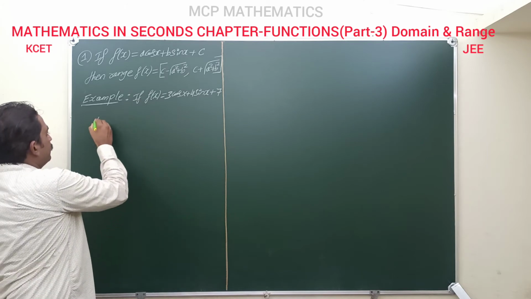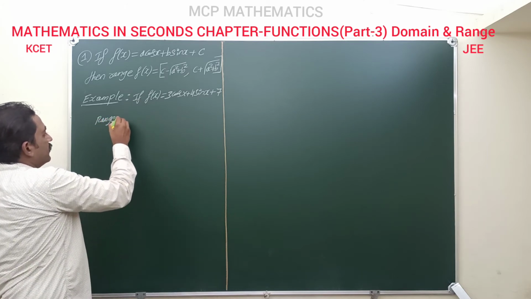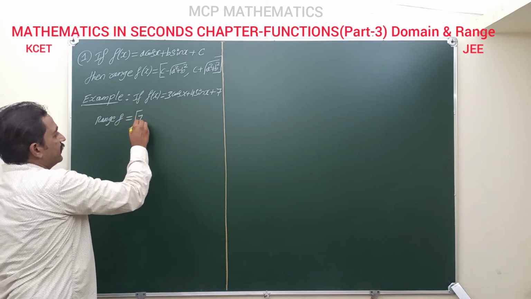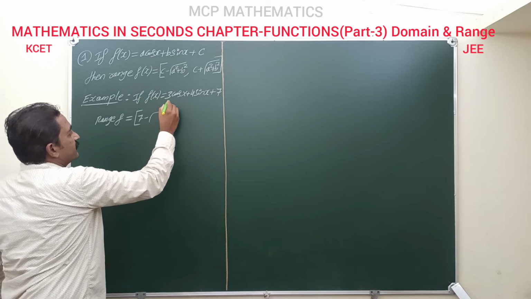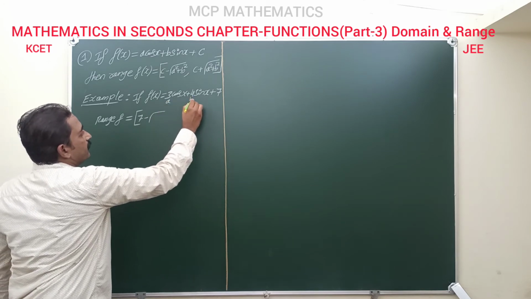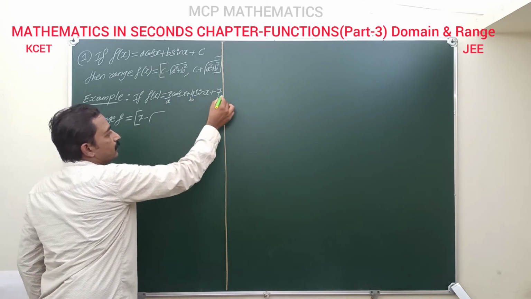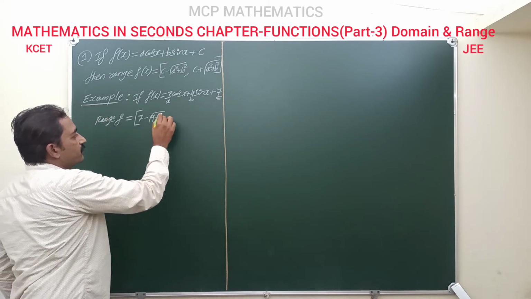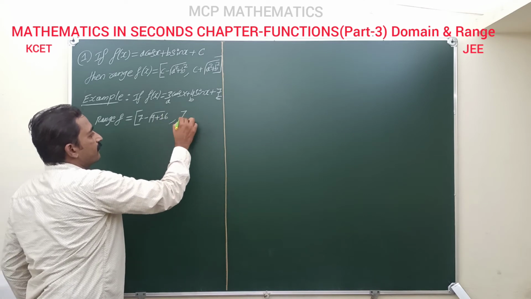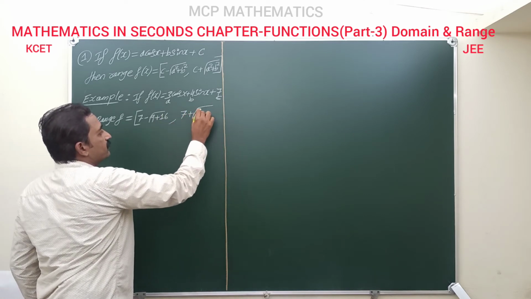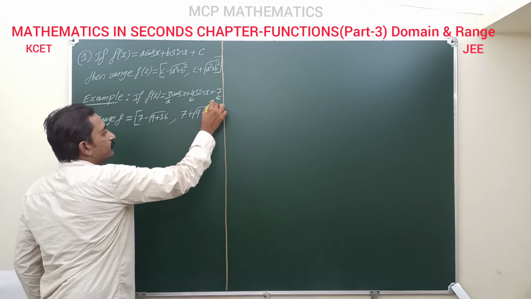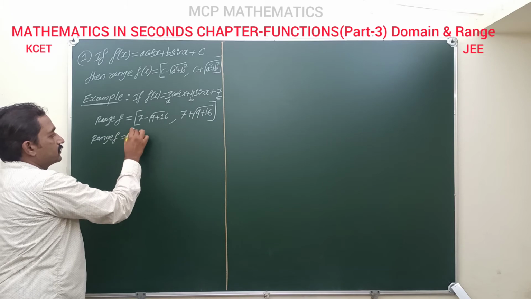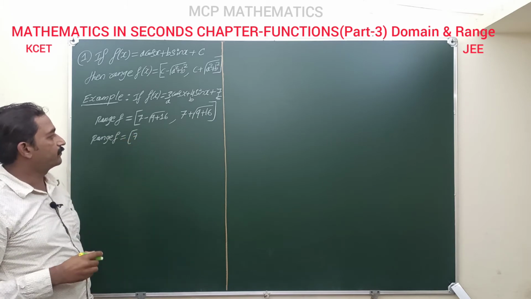Directly you can write the range of f as the closed interval 7 minus square root of 3 square 9 plus 4 square 16, comma, 7 plus square root of 9 plus 16.